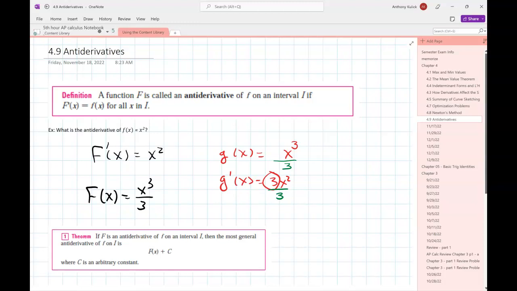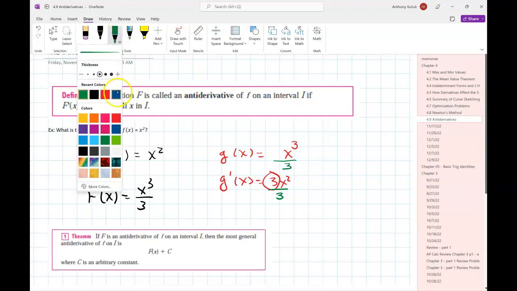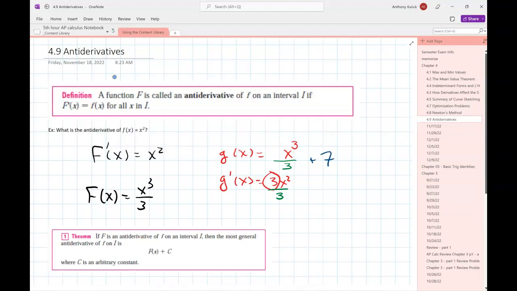Well, it's almost right. What's wrong with what I've done? Or I should say it's incomplete. What if there was a 7 over here? When I take the derivative, what happens to the 7? Becomes 0, right?